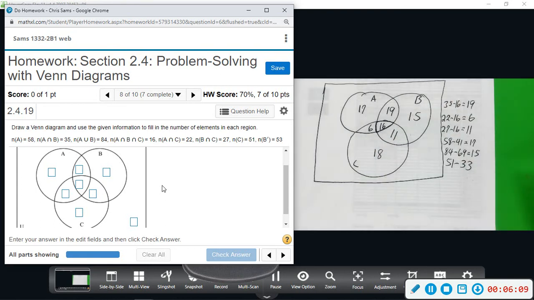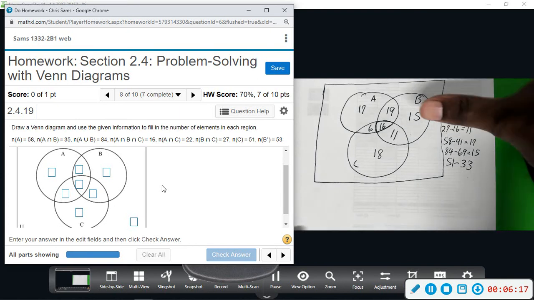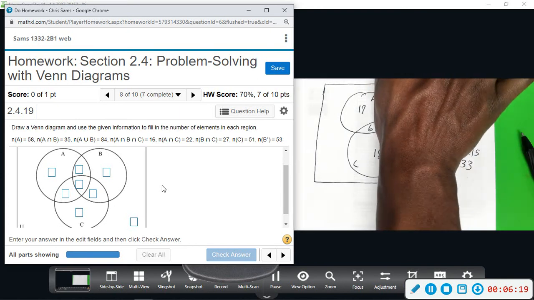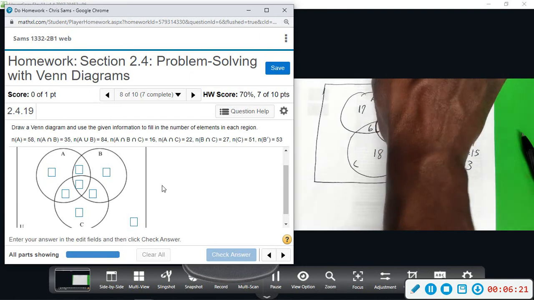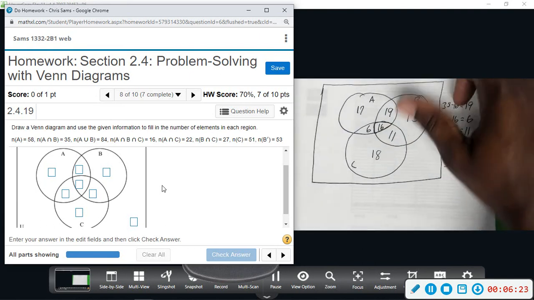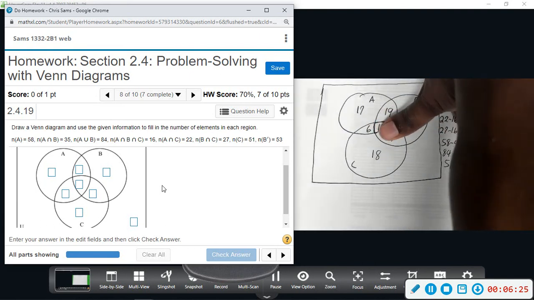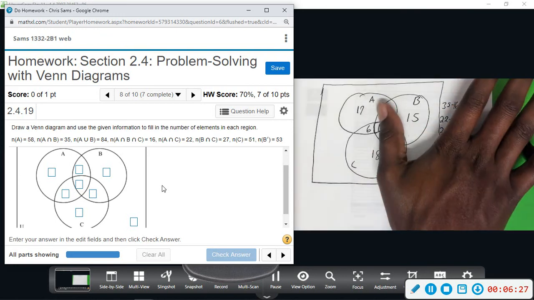Okay. And then the last thing we will use is B complement equals 53. B complement means we're going to look at everything except for B. So we completely get rid of B, all of this over here. I can't get them all with my finger.